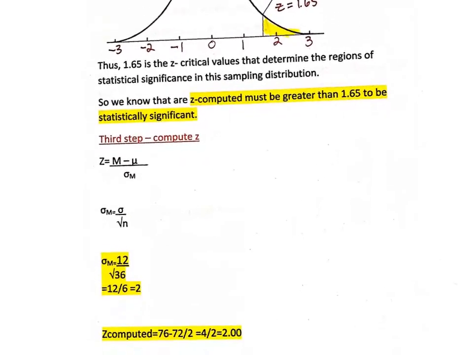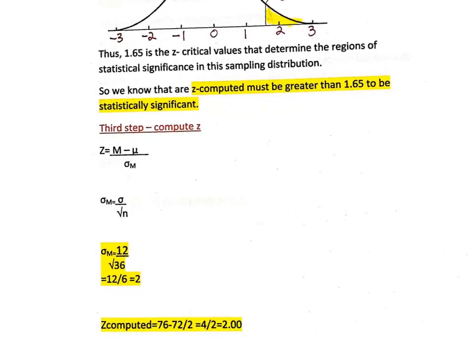So we have 12 over the square root of 36, and those are values that were given to you at the beginning of the problem. 12 stays as 12, the square root of 36 is 6, and so 12 divided by 6 equals 2.